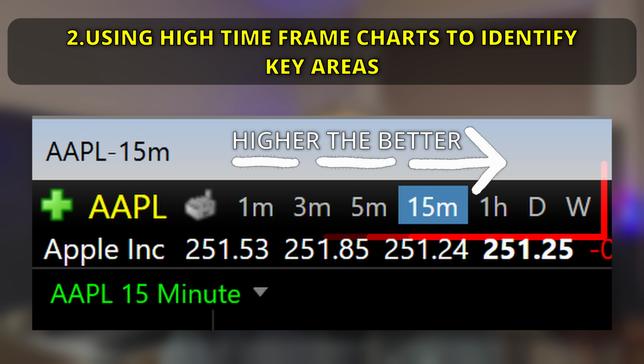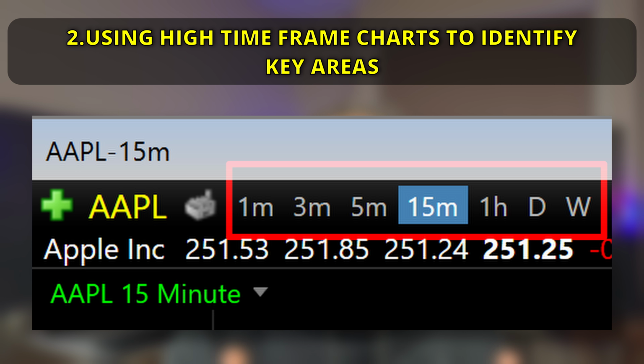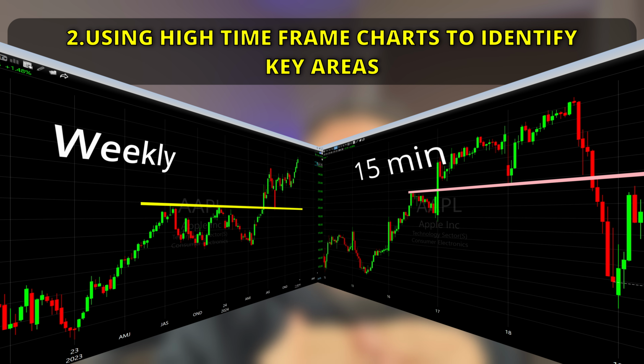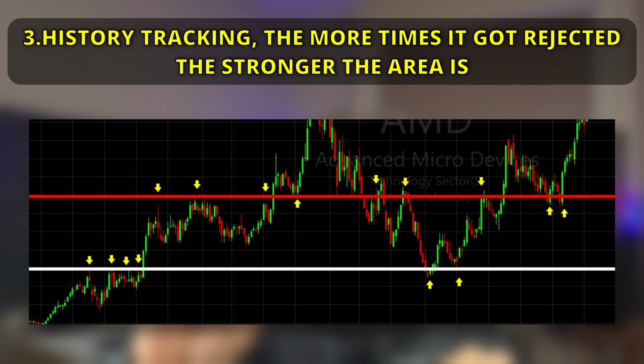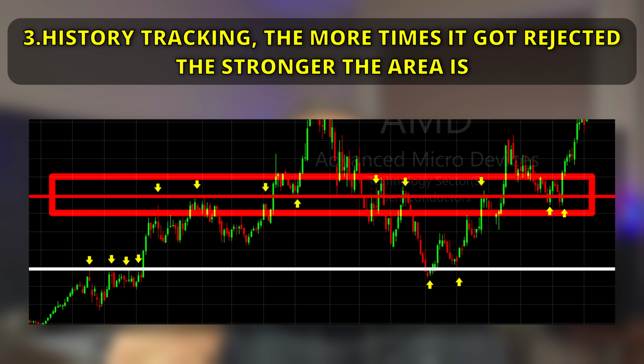The second one, the higher the time frame, the stronger that resistance is. So if you're looking at the weekly chart, that area, if it curves back or bounces back on a weekly chart, it's a stronger area than on an hourly chart or a daily chart, or even less. The third one is the more times it touches that area, the stronger it gets.